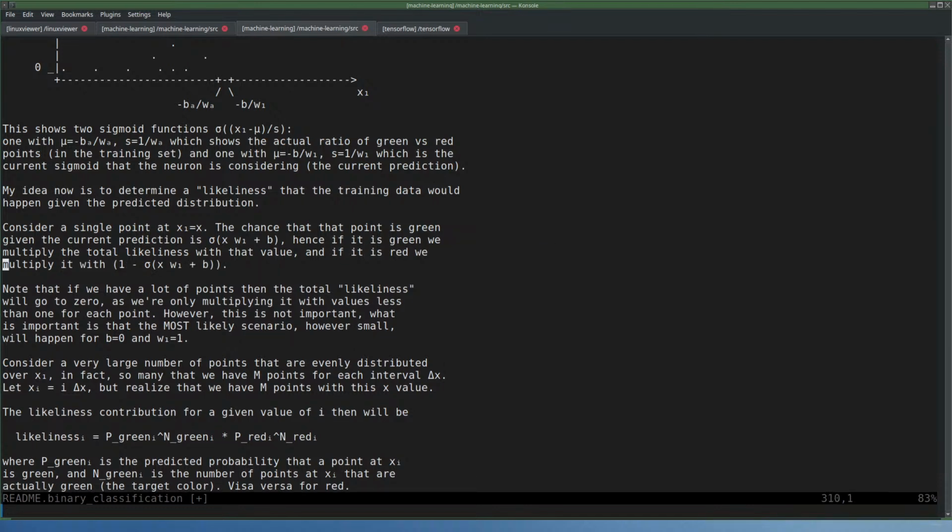It's really simplistic. The sigmoid is just giving the chance that a point at a given position is green. So take that as a given at the moment.